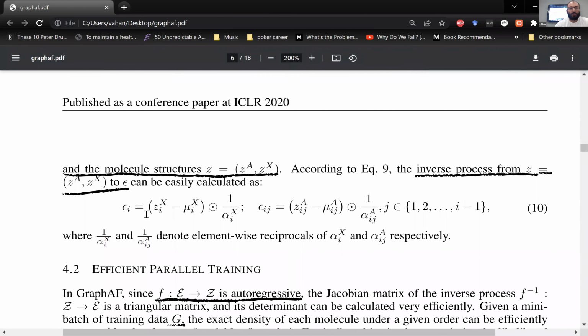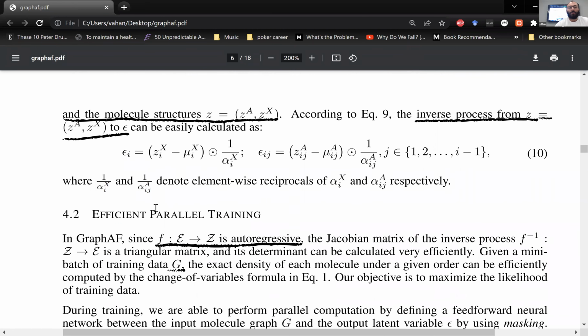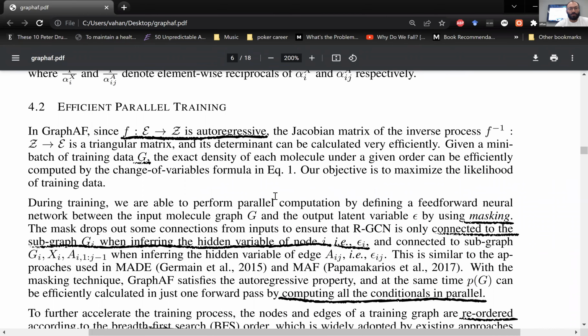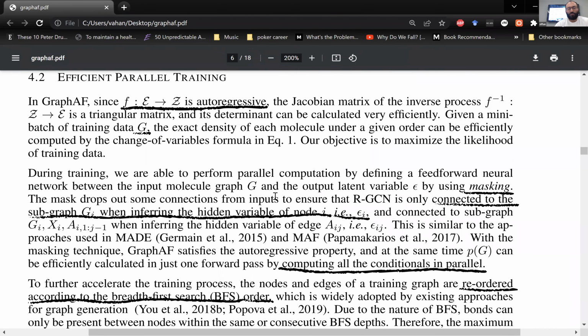So we spoke about these inverse functions to also get epsilons from the embeddings. And now training. To train this model, we want to make it also efficient.